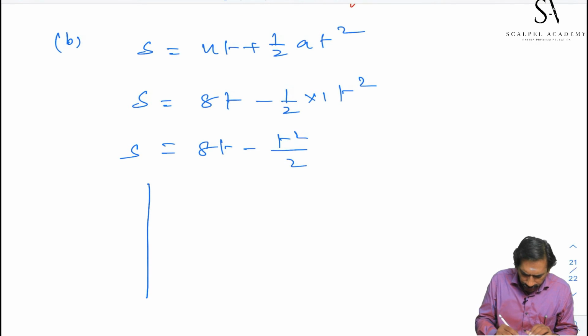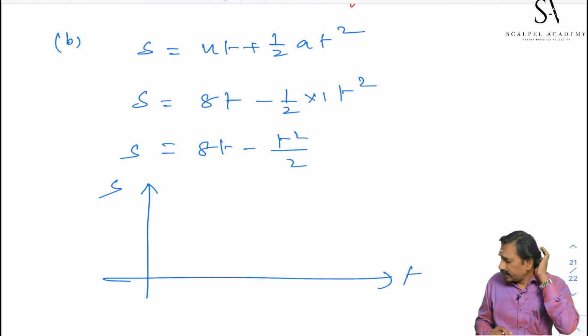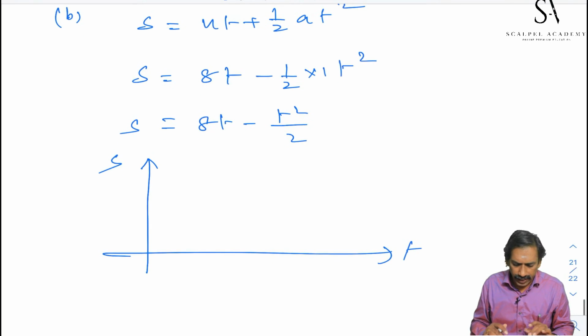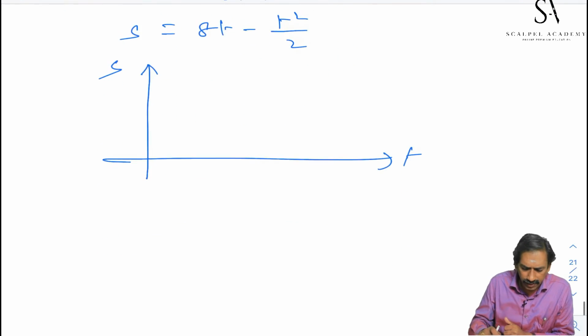Student, in the ST graph, at t is equal to 0, S is equal to 0, it starts from the origin. Okay. At what time does the displacement become 0? Shall we calculate?